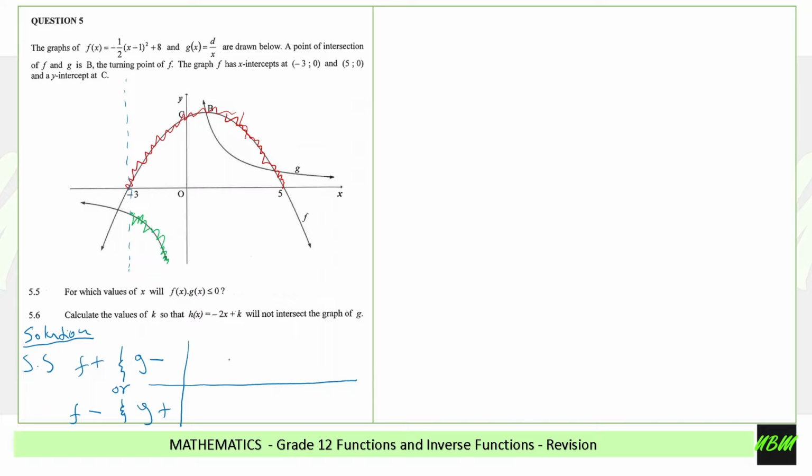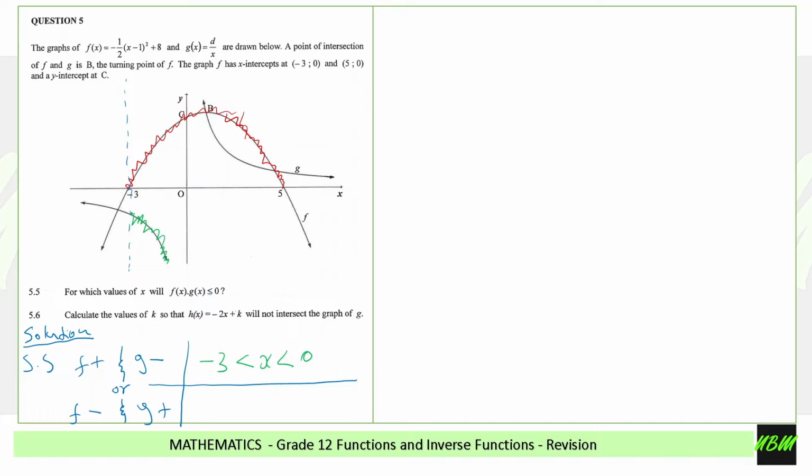So it will be where x is less than 0 but greater than negative 3. That will be where g is negative and f is positive.